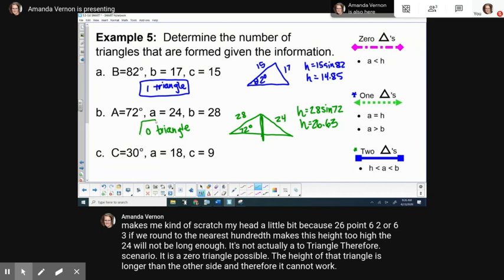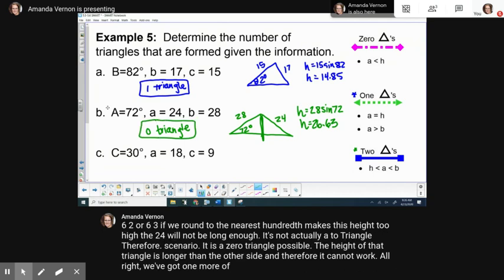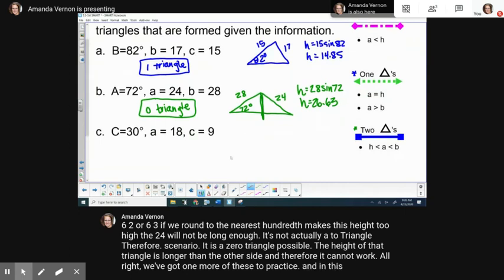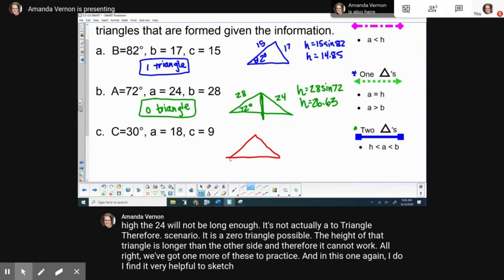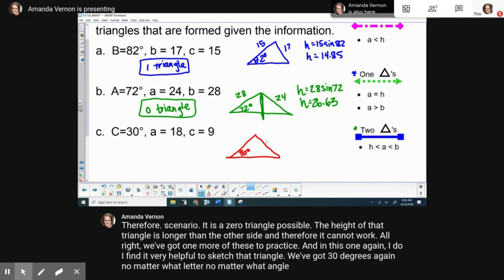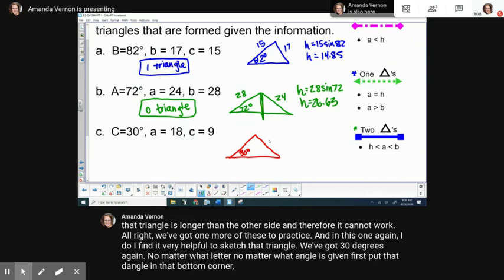All right, we've got one more of these to practice. And in this one, again, I find it very helpful to sketch that triangle. We've got 30 degrees. Again, no matter what letter, no matter what angle is given first, put that angle in that bottom corner. Side C is 9, and then the adjacent is 18.